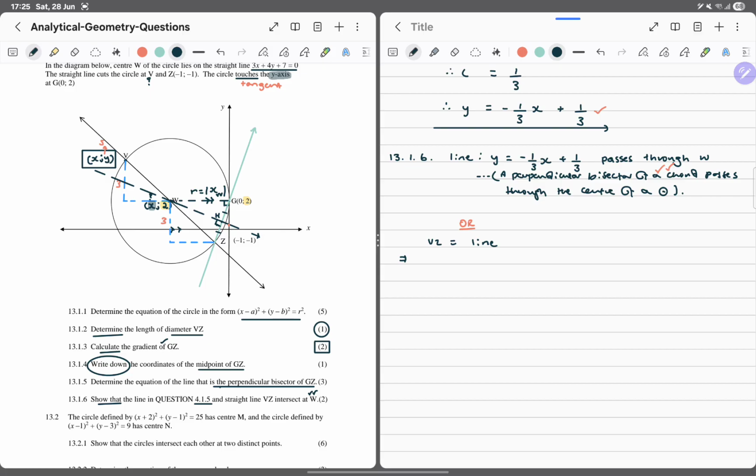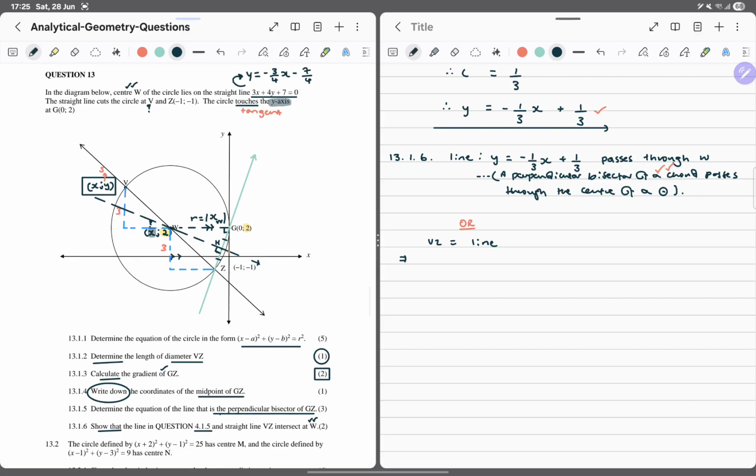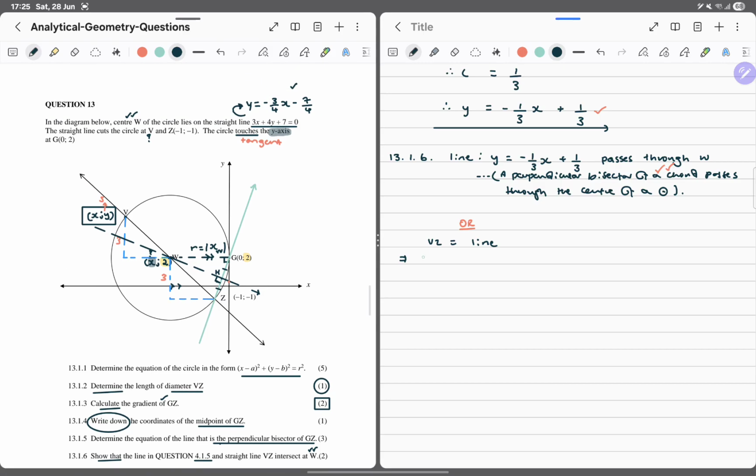So this implies, now the equation for VZ, when we sorted it out, was minus 3 over 4 x minus 7 over 4 is equal to, this line is going to be minus a third x plus a third. Then we just solve for x.